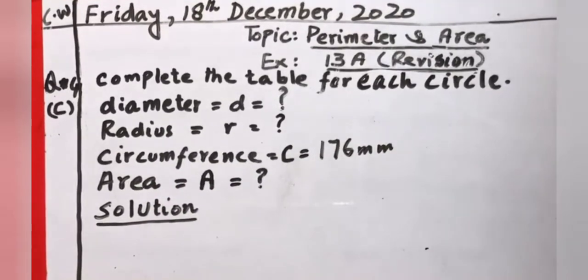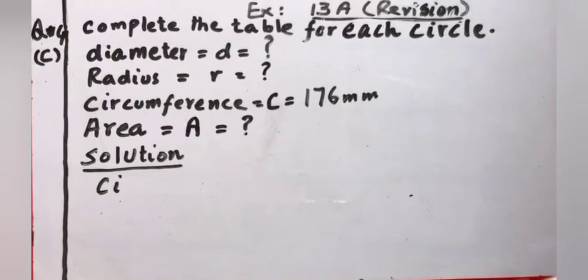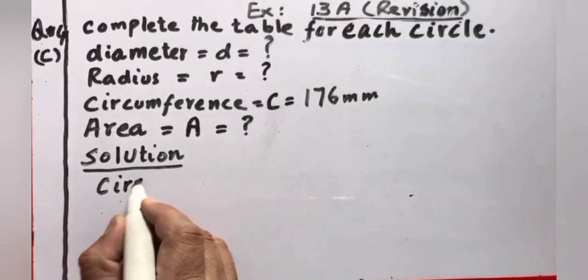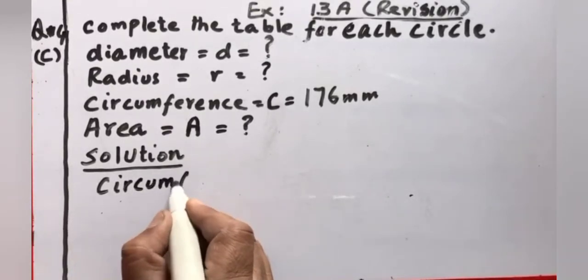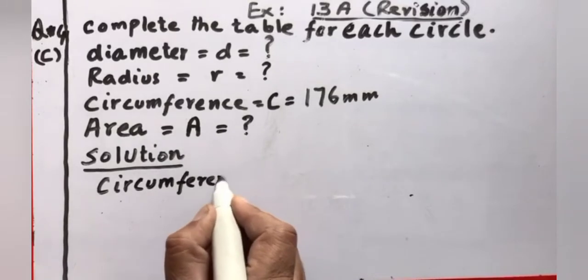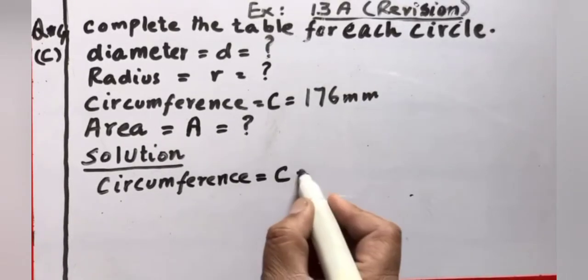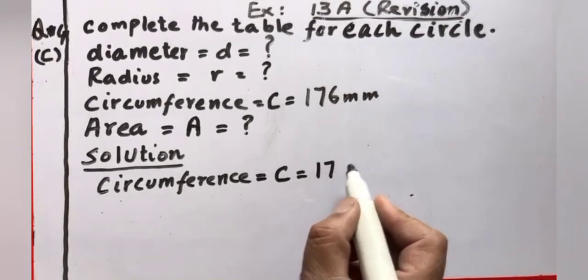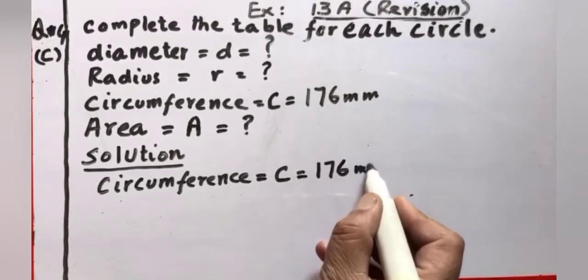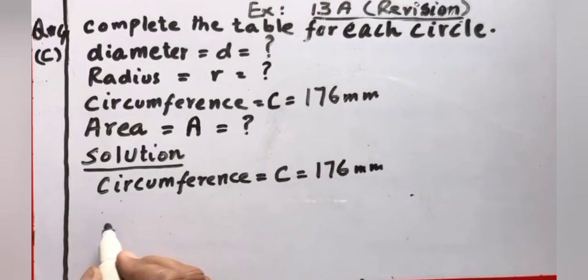So in the solution, circumference is given. So circumference, which is C, is equal to 176 millimeter. So C is given. We have to find the radius, diameter and the area of the circle.